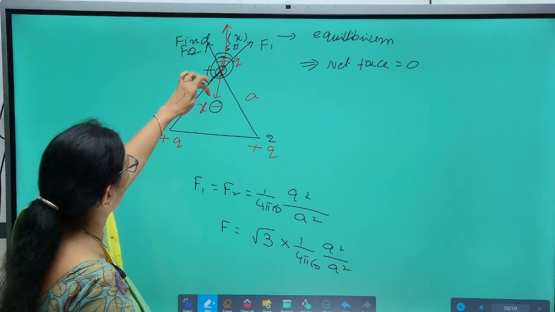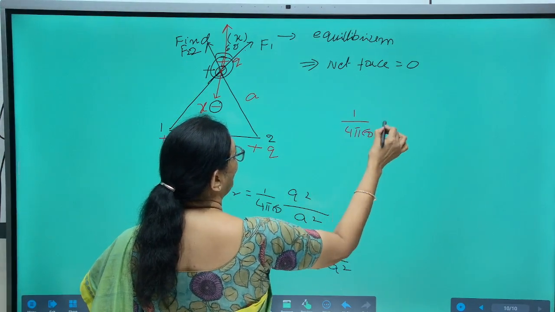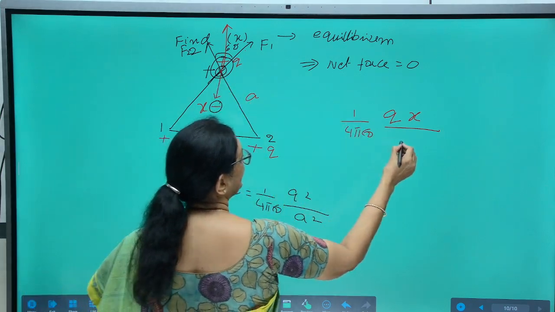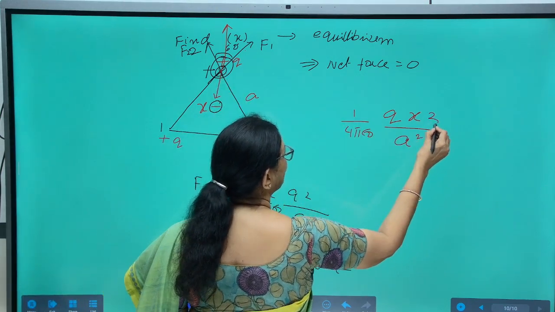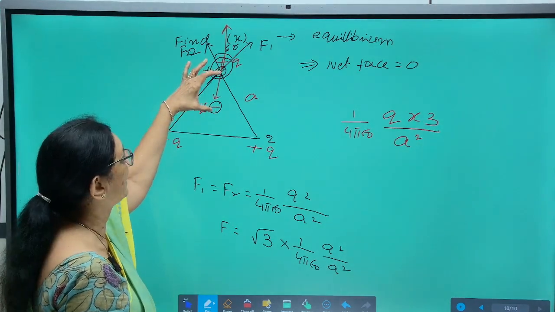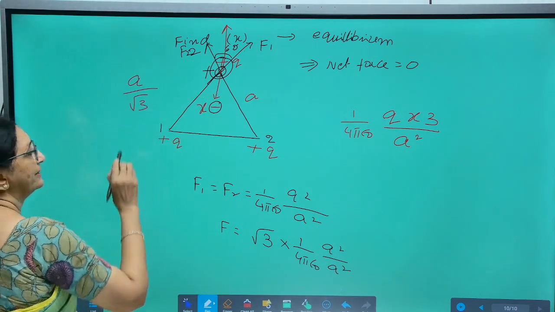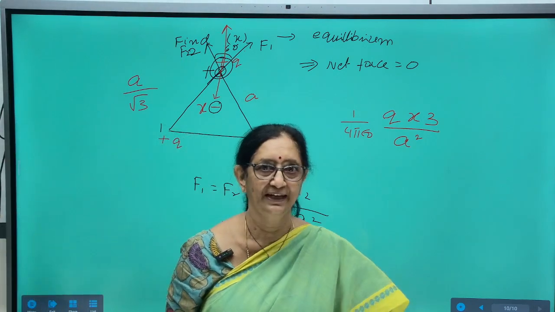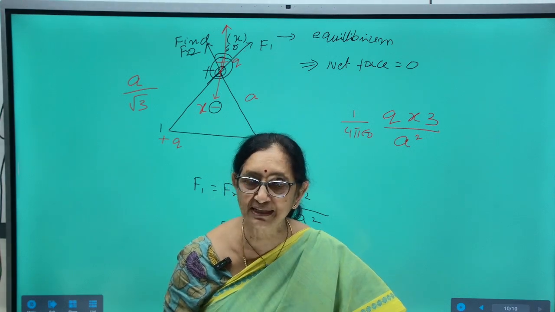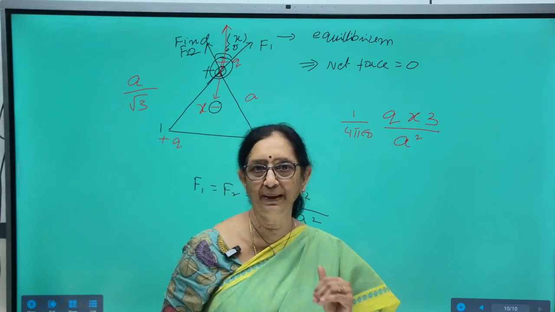So, force between these two charges is 1 by 4 pi epsilon naught qx by this distance, a by root 3 whole square. Because distance of each corner from the center of an equilateral triangle, those fundamentals you must have on your tips. If you do not have them, the problem is gone. So, distance of each corner from the center of an equilateral triangle is a by root 3.